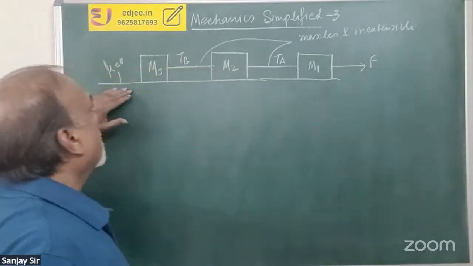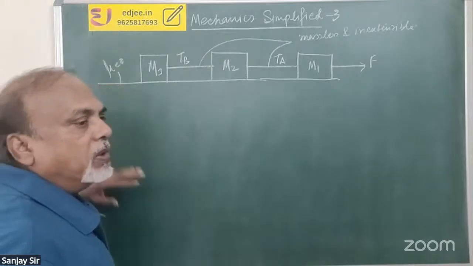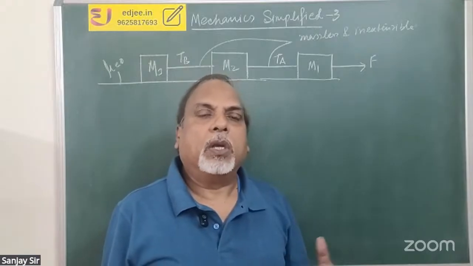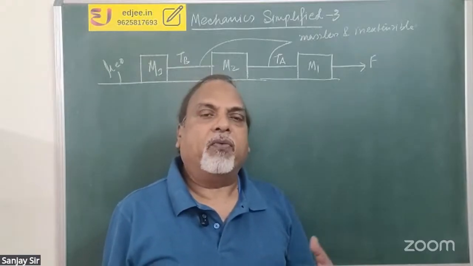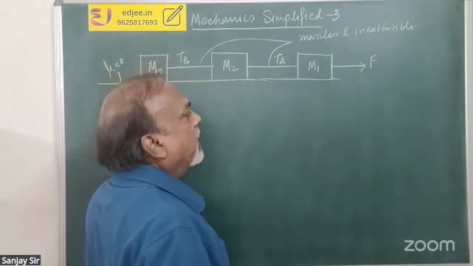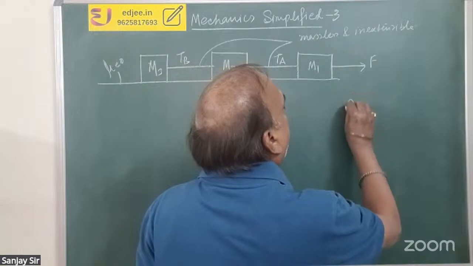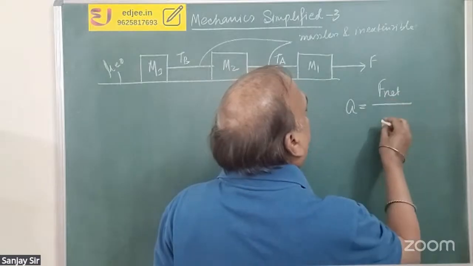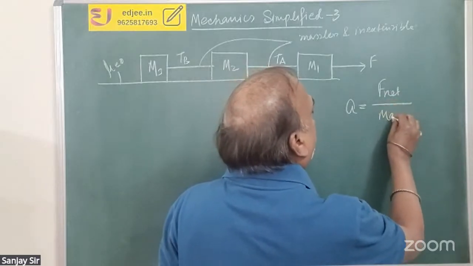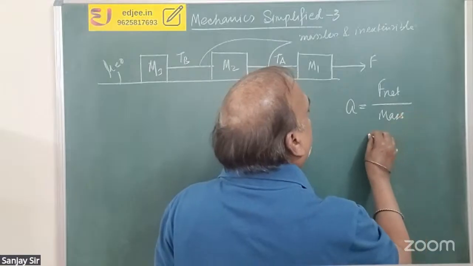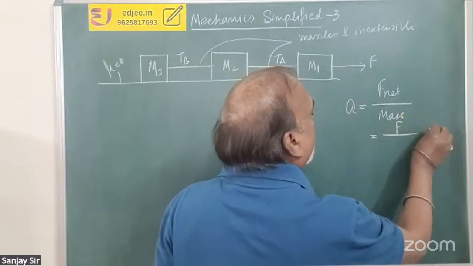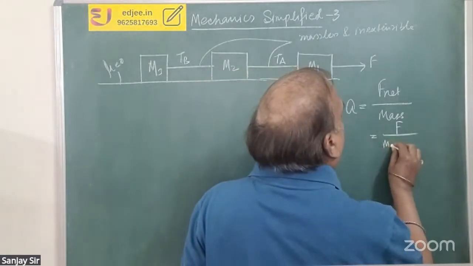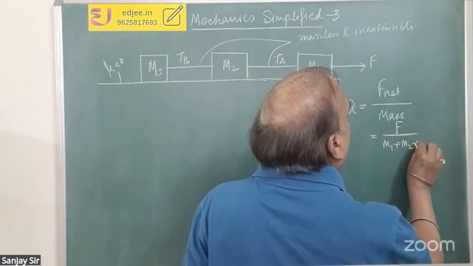Since your surface is smooth, that means there is no frictional force. That means, what is the net force? Net force here, acceleration is what? F net divided by, here basically F net is F only, and masses are M1 plus M2 plus M3.